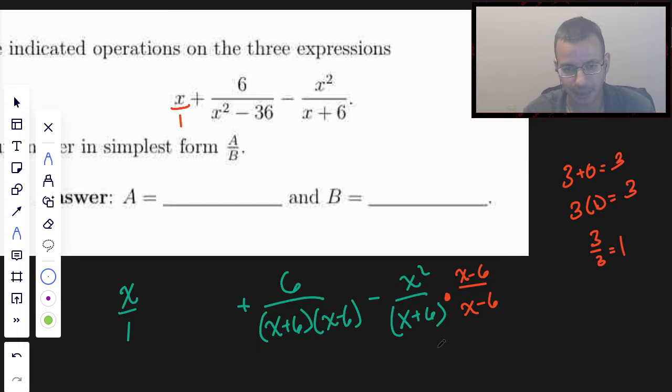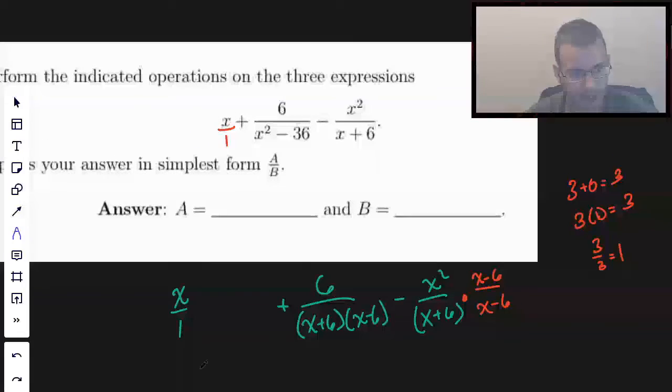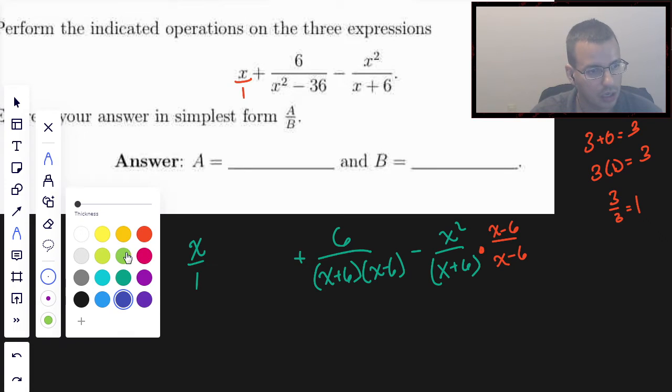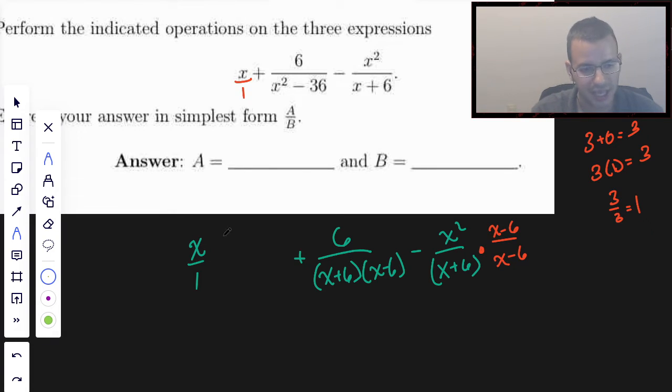Now we contribute an x minus 6 on the bottom. So now we have x plus 6, x minus 6 and x plus 6, x minus 6. They're the same, so now they can be compared. Then we do the same thing over here for this x. It's missing both an x plus 6 and an x minus 6.